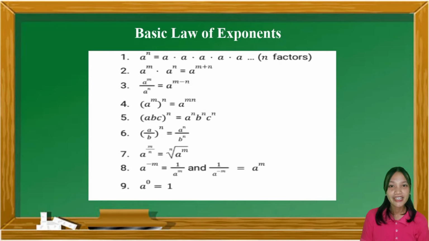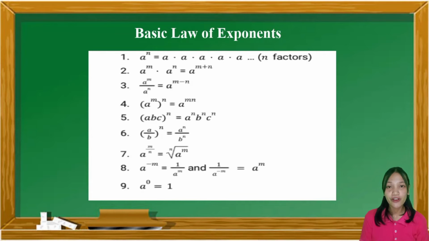It is read as (abc)^n is equal to a^n times b^n times c^n.